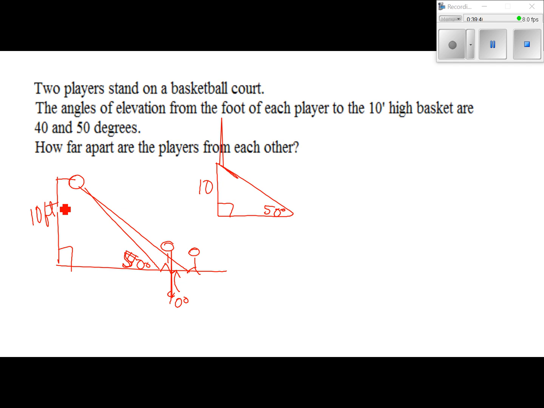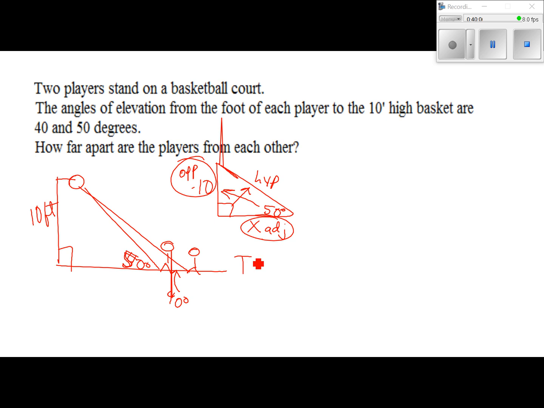We're looking for how far this person is from the goal. So that's x right there. We label this triangle. That's your opposite leg. That's your hypotenuse. This is your adjacent leg. Those are the two we care about. Adjacent and opposite, or opposite and adjacent.